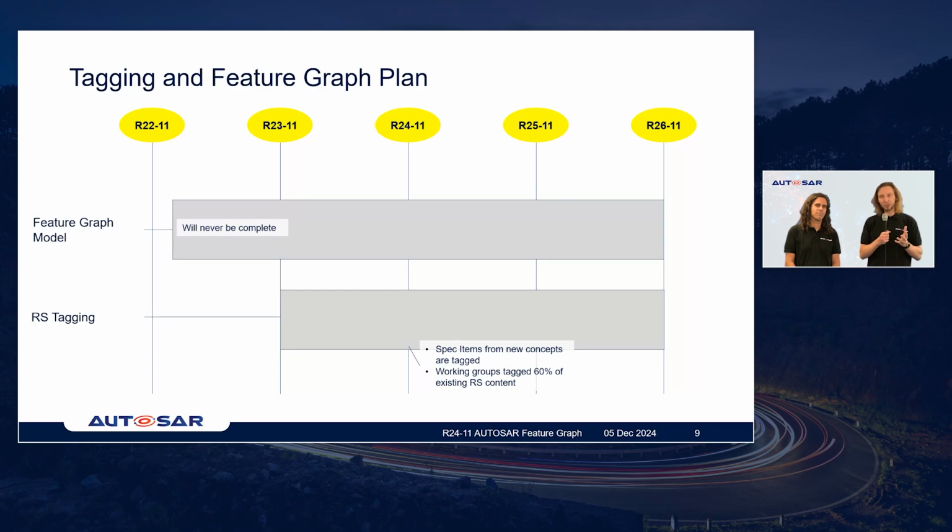It would be good if we could filter the whole set of requirements according to one feature, so that all the requirements are tagged with something. For now, we could already achieve that approximately 60% of the requirements are tagged. So you see, more work is going on, or more effort is necessary, also for the next release.